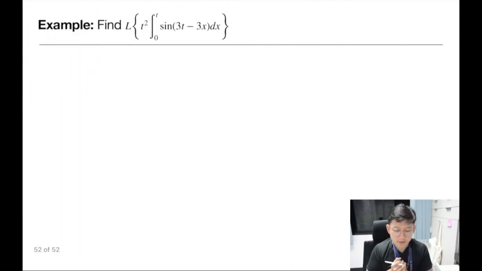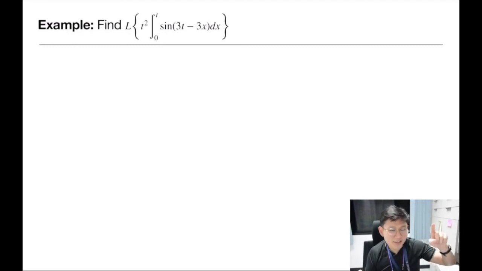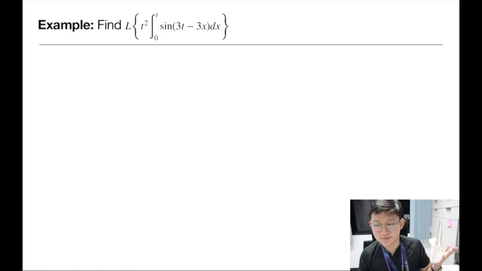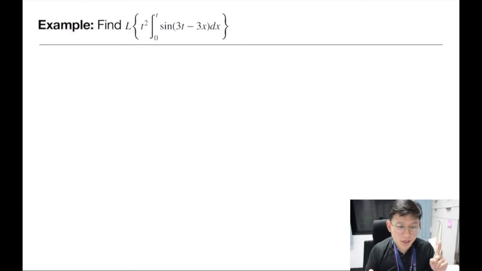Next, the last example: t squared times the integral from 0 to t of sine 3(t minus x) dx. How to do this one? First, we need to use the second technique.